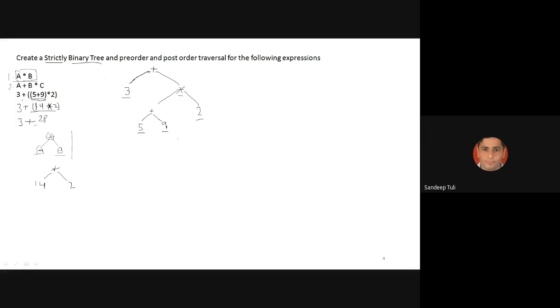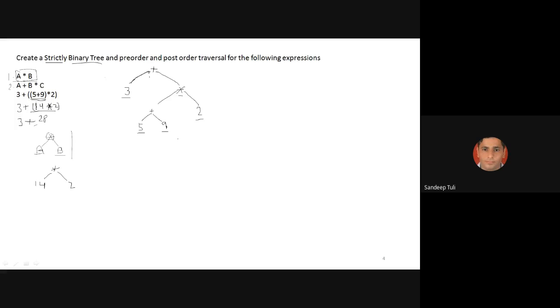It means every operand must have 0 children. They have to be of degree 0. Every operator must be of degree 2, it means every operator must have 2 children. That's why they must be internal nodes, either root node or internal node.